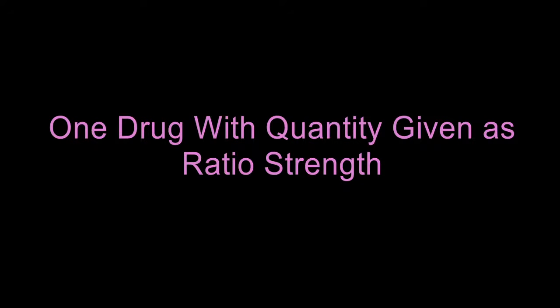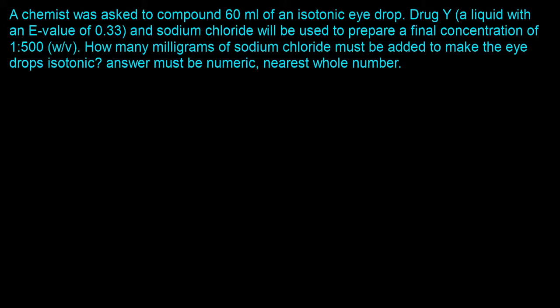Now, for this particular type, we'll go off with this example. Let's try this example. All right. So in this example, it's a little bit wordy, but it actually illustrates the point very clearly. It says a chemist was asked to compound 60 milliliters of an isotonic eye drop.